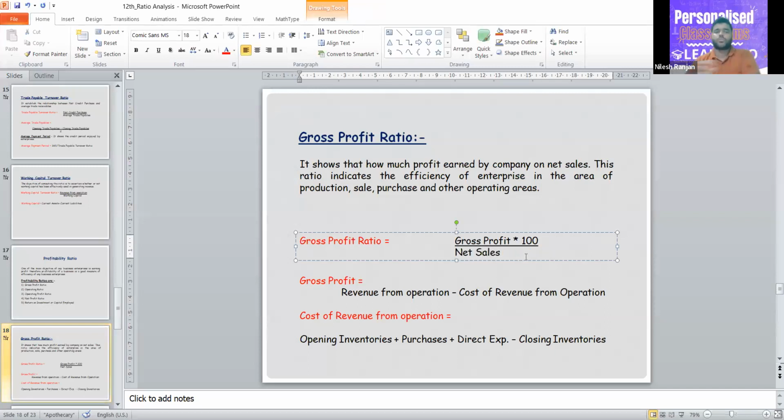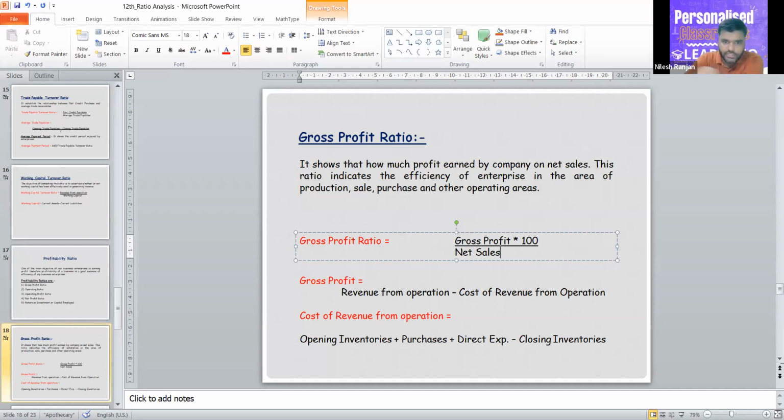So gross profit ratio equals gross profit into 100 divided by net sales. In some questions, the gross profit percentage will be given on cost, not on sales. In that case, you have to calculate cost or sales value. So the formula can be given on cost also.